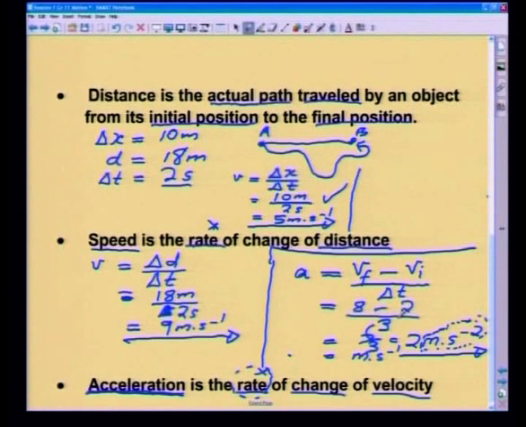So the top part here, 8 minus 2, is meters per second, divided by delta t, which is time measured in seconds. So you have meters per second divided by second. So you have meters per square second at the end. That is where that unit comes from, and it is very important for you to know and understand.